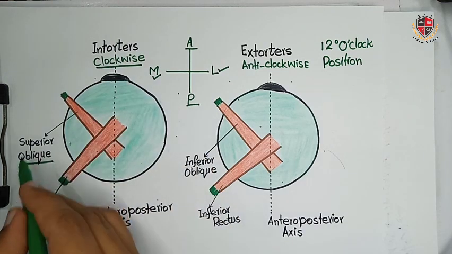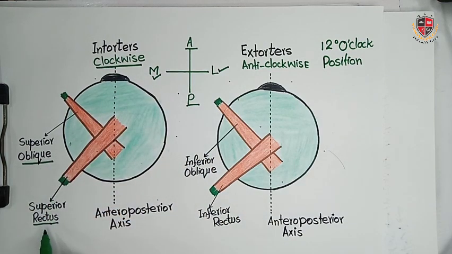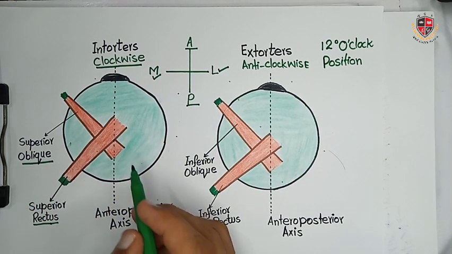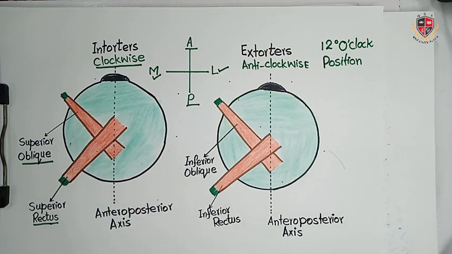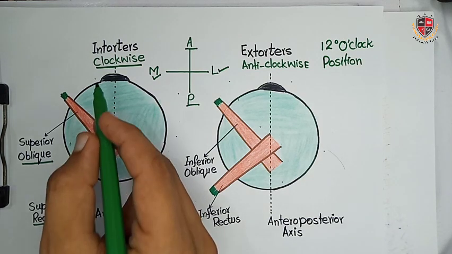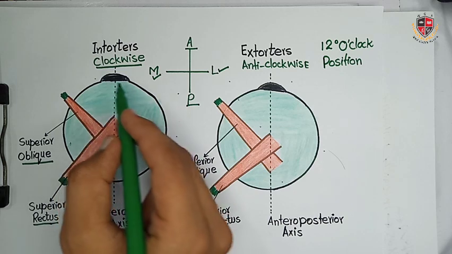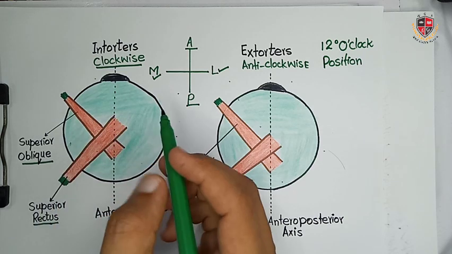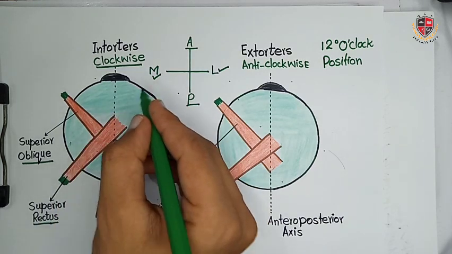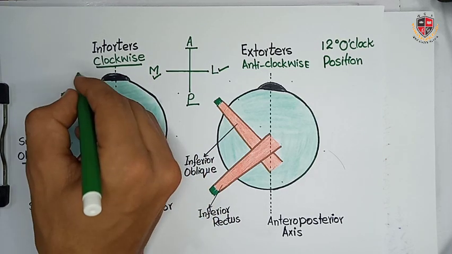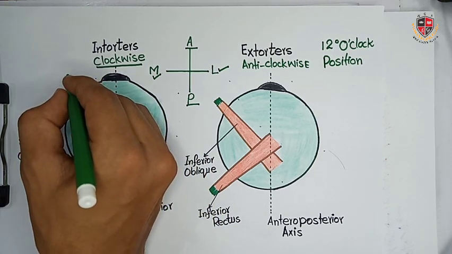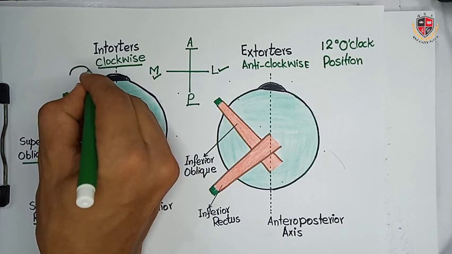These intorters, superior oblique and superior rectus, cause movement around the anterior-posterior axis in clockwise direction. This is the clockwise direction.